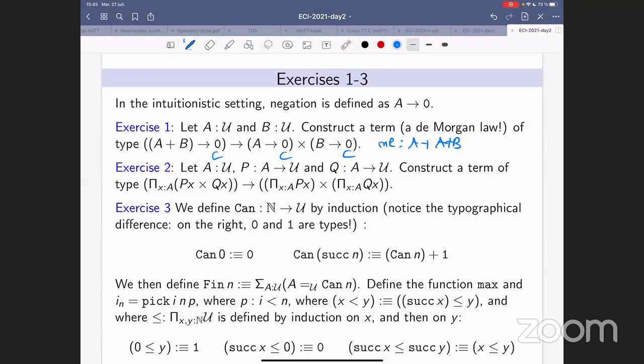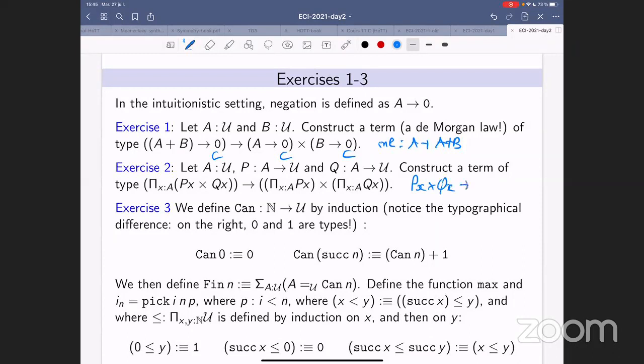And the proof is very, very similar. Suppose that you have a function, you know that product comes with projections. Sorry, these exercises are really easy, but there will be less easy exercises. The ones that follow are not all as easy.